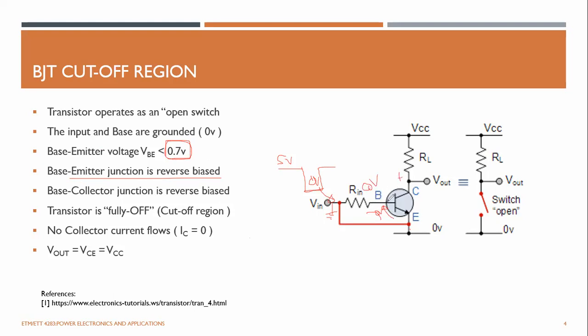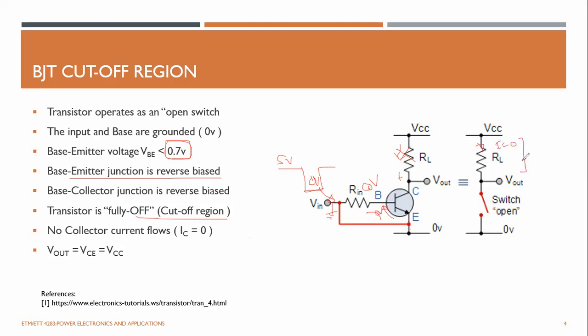Now the transistor moves to the fully cutoff region, which means there's no current here and no current flowing here.